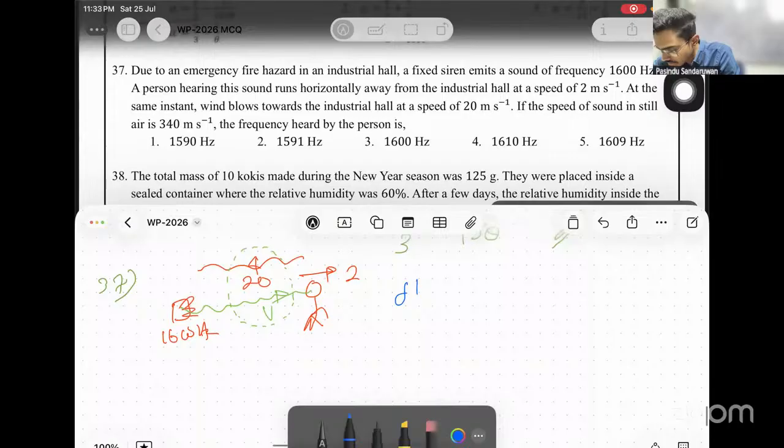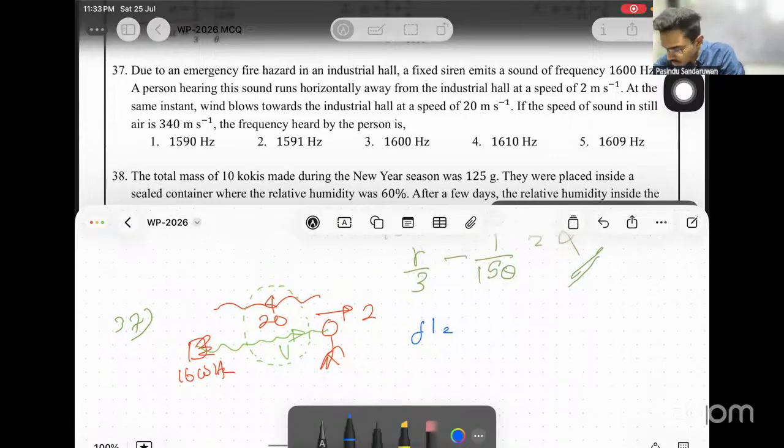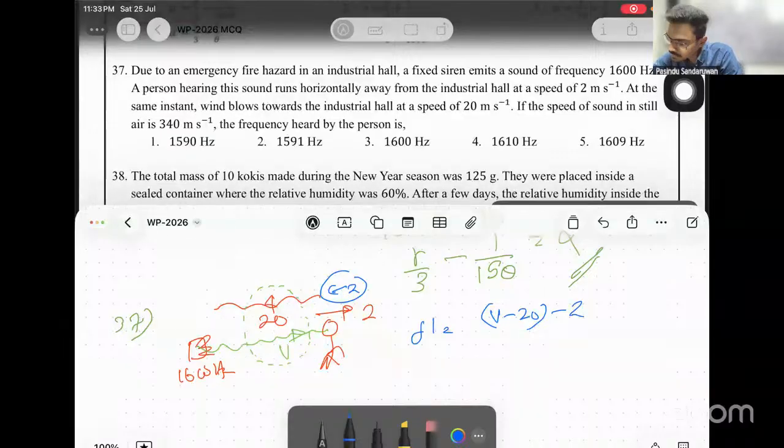Now we know f dash is given by, now for this, the relative velocity is 2 in the opposite direction. See, f dash is given by velocity of sound through air with respect to observer. Now velocity of sound through air is not just V, that is V minus 20 with the wind. With respect to observer minus 2 over velocity of sound through air with respect to source.